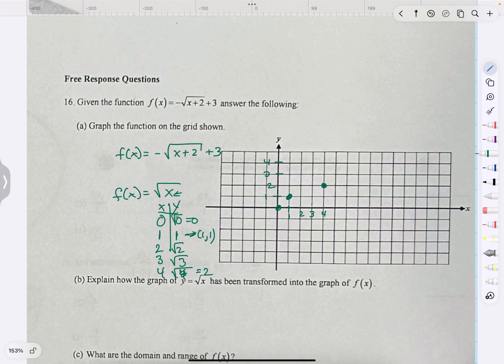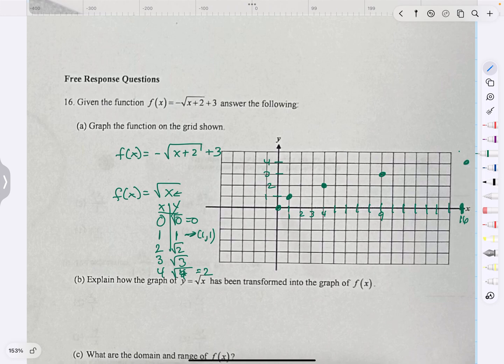I could plug in a 5, but I don't know what the square root of 5 is. The next number I can really plug in is a 9. So there's 5, 6, 7, 8, 9 out here, and the square root of 9 is 3. I could also do a 16 next, 10, 11, 12, 13, 14, 15. I'm just going to make up a 16 out here because the square root of 16 is a 4.